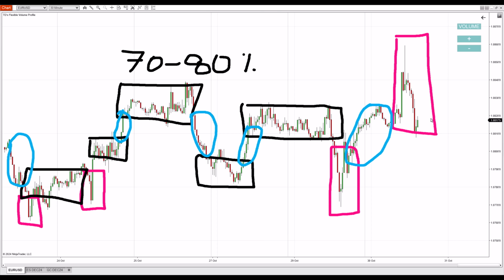The rest is the trend, which is like 20 to 30% of the time. And the most rare of them all are the rejections, which are very rare and happen just now and then. And they don't really take up that much time.